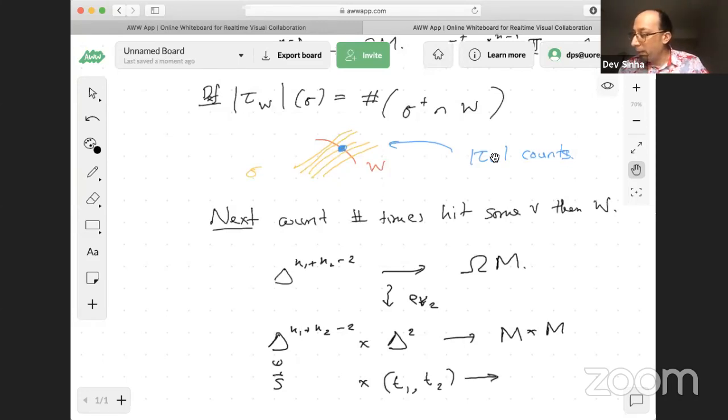Then I can take my family at the element of the sigma simplex, that's a loop, and evaluate it at T1, or evaluate it at T2. So I get 2 points.